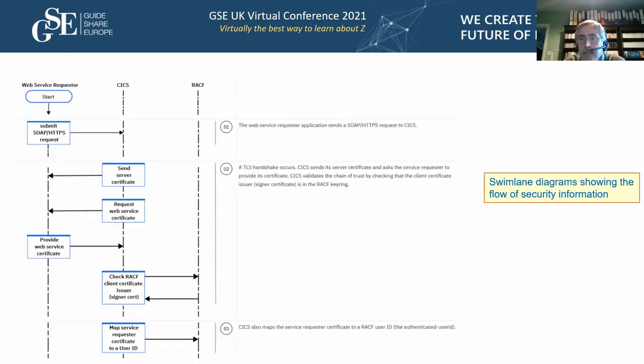And to explain it, we're starting to make use of swim lane diagrams so that you can see the exact flow from the end user, the client user, all the way through to CICS and how their security works for a particular configuration. So some of this is in there at the moment, but this is the sort of pattern that we are working on to improve the documentation so as to make it easier to consume.